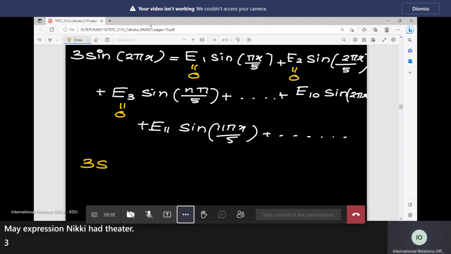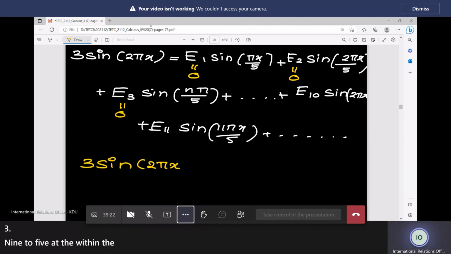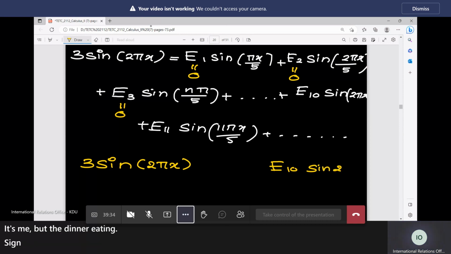3 sin 2πx/5. ඇත්තටම මෙතනදී අපි corresponding component සමාන කරනවා, එක එක ටර්ම් එක. දැන් මේ පැත්තේ තියෙනවා 3යි sin 2πx/5, මේ පැත්තේ තියෙනවා e_10 sin 2πx/5. දැන් මේ දෙක සමාන නම් e_10 ගේ වැලියු එක මොකද්ද වෙන්නේ? e_10 should be 3.